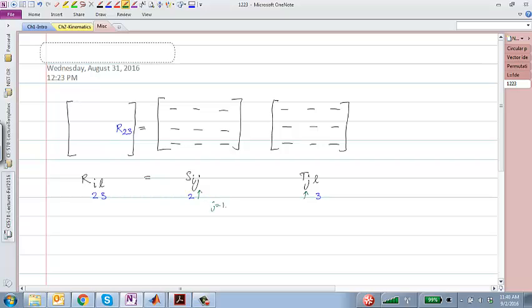For J going from 1, 2, and 3, which would be go to the second row here, here, here, and the third column, this, and multiply these 3 numbers with these 3 corresponding numbers and add them together. Right? That's exactly what this operation means. Sij Tjl, and since J is repeated, there is a sum here, J going from 1 to 3. And that gives me the value R23.